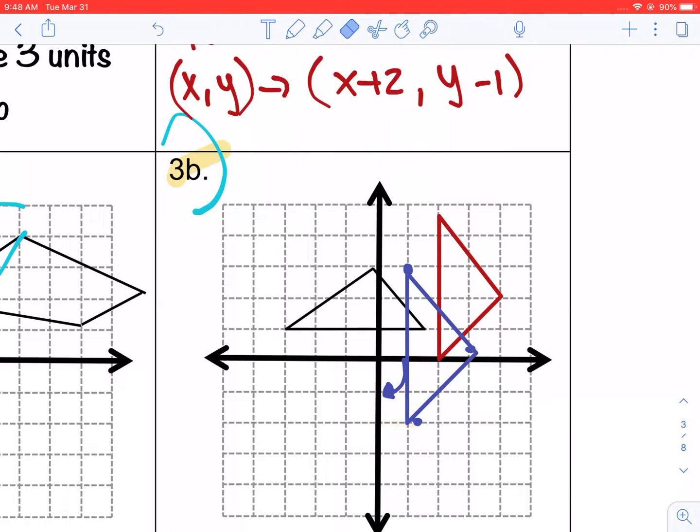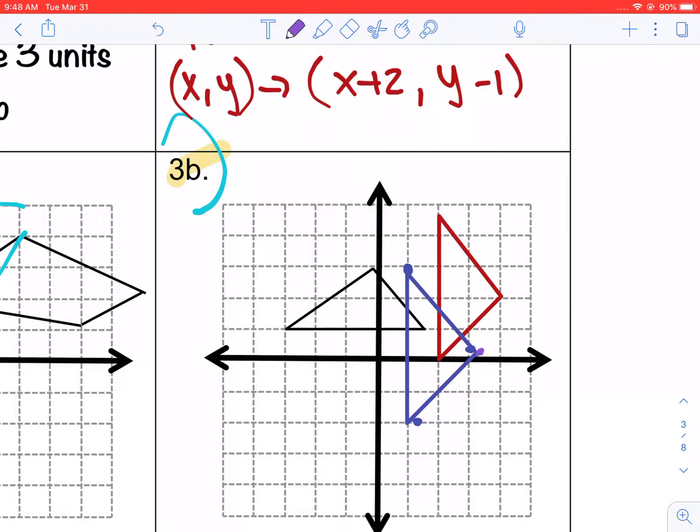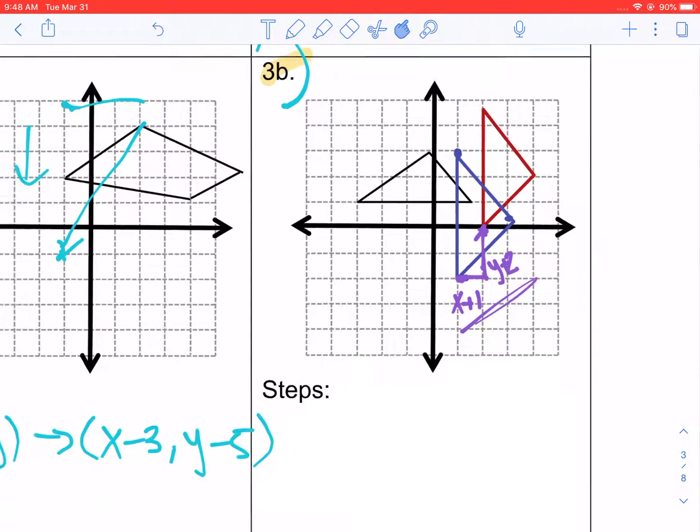And then what else do I have to do to be able to have the same shape, both of them overlapping? I need to take this point and move it here. Let me use this point, which I think is better. I'm moving 1 unit to the right, which means x plus 1, and then I'm moving 2 units up. And notice how it is the opposite of what we wrote for the other one.